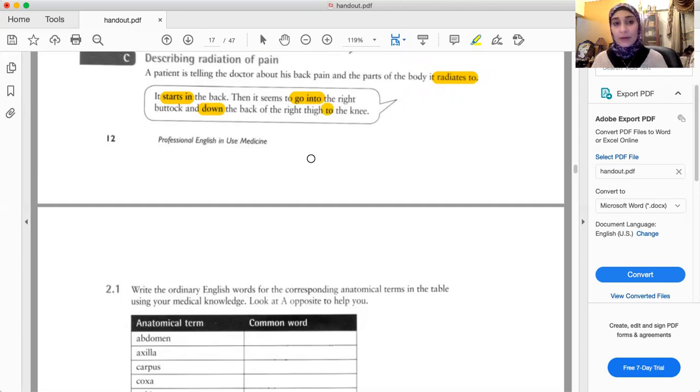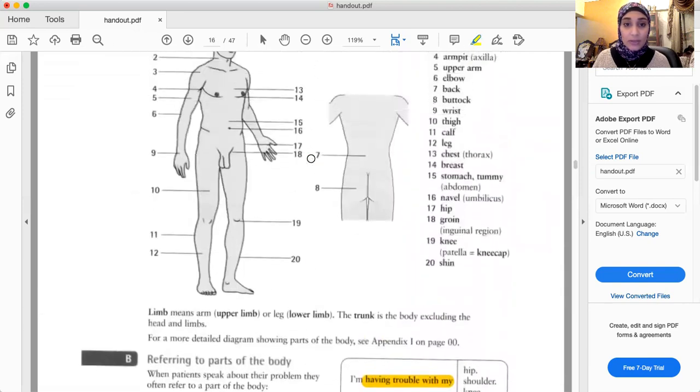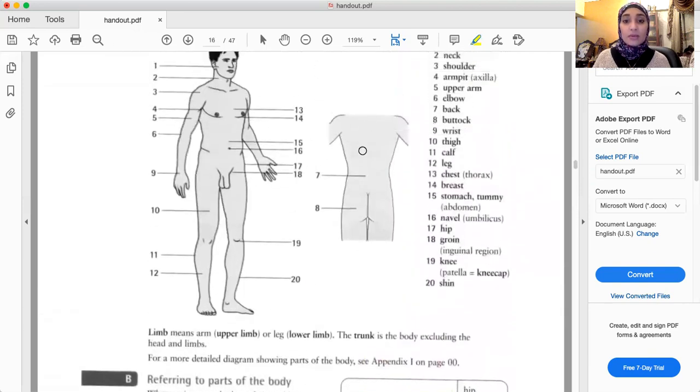So we have here that his pain starts in the back and then it seems to go into the right buttock, all right, and the back of the right thigh to the knee. So his pain is going downward from the back to the buttock to the knee, all right.